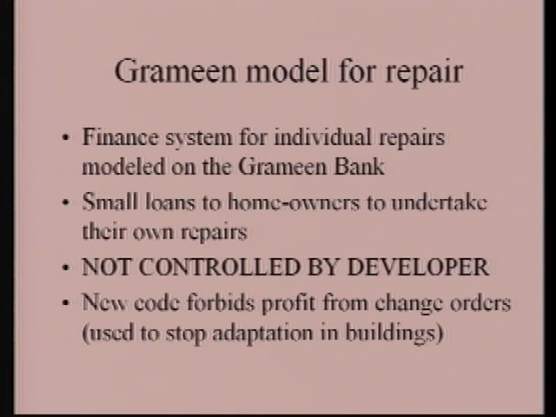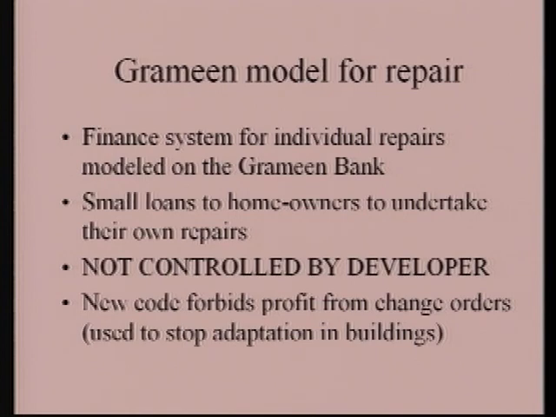I would like to go back and link this philosophy to the Grameen model for repair. You remember the Grameen Bank is the bank in Bangladesh that finances 200 million people by lending $1 to each.